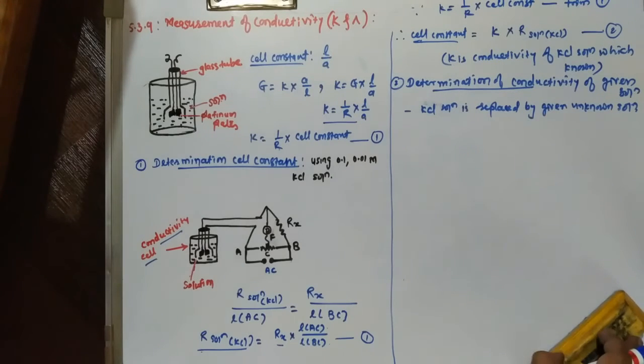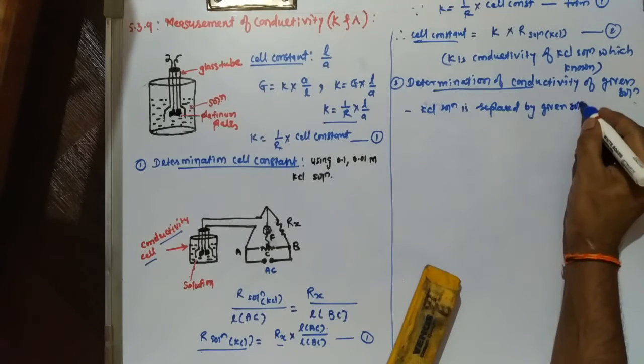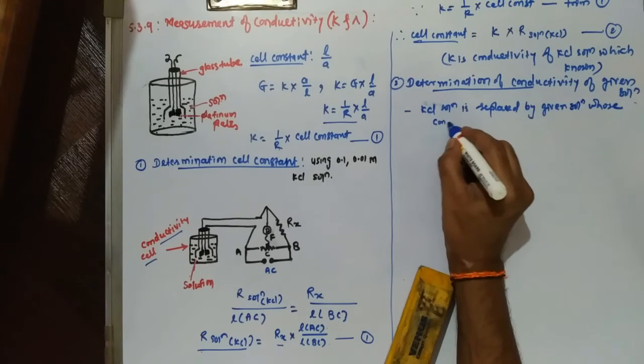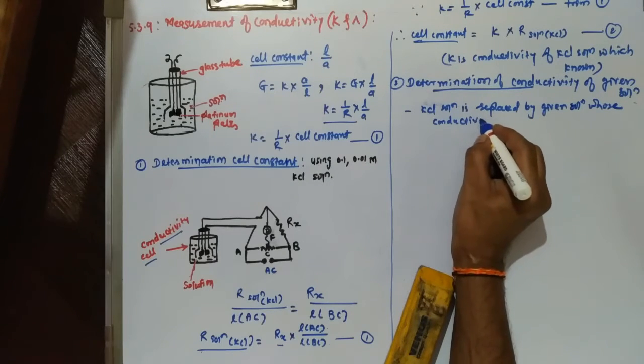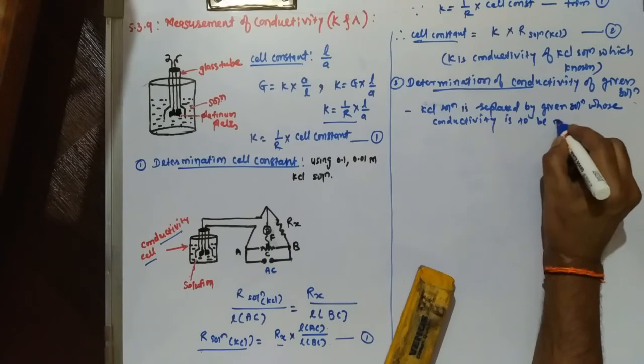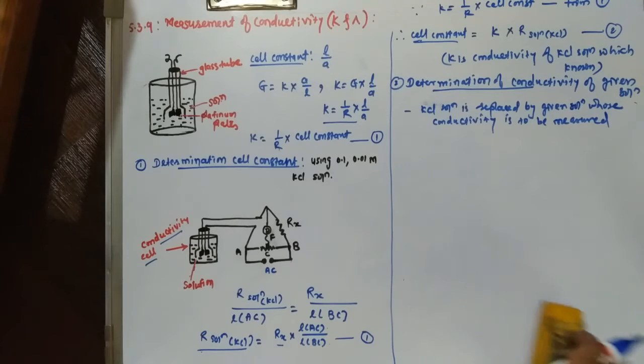Given solution whose conductivity is to be measured. Now see here, its resistance is measured by the process described in step 1, by the Wheatstone's bridge experiment.